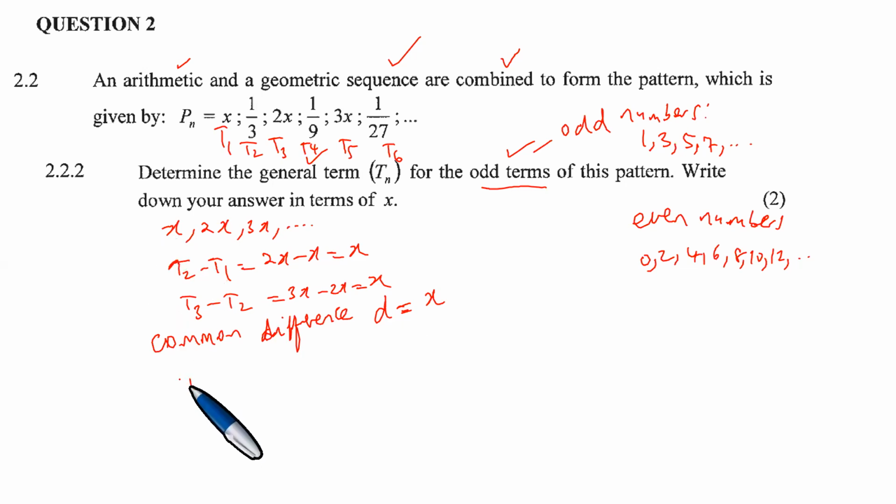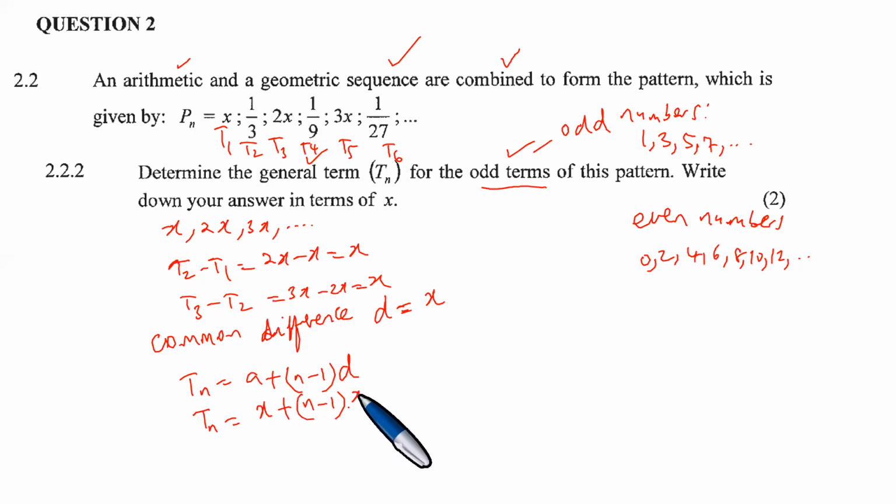The formula is Tn equals a plus (n minus 1)d. This is the general term for arithmetic sequences and series, so the first term is x plus (n minus 1), and the common difference is x. We found the common difference, which is exactly x over there. And then now this here is Tn equals x.